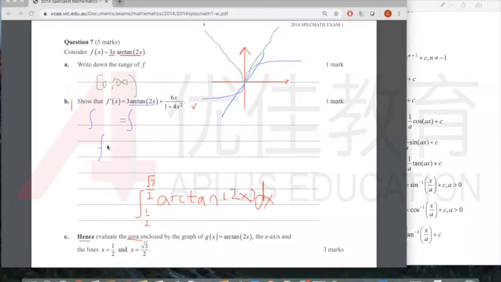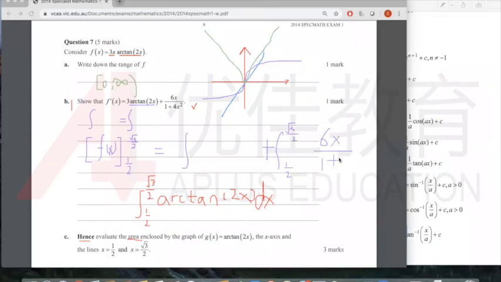This is the fundamental theorem of calculus, and we need to evaluate that from a half to root 3 over 2. And then I'll leave this as that, plus the integral from a half to root 3 over 2 of this fraction, 6x over 1 plus 4x squared.